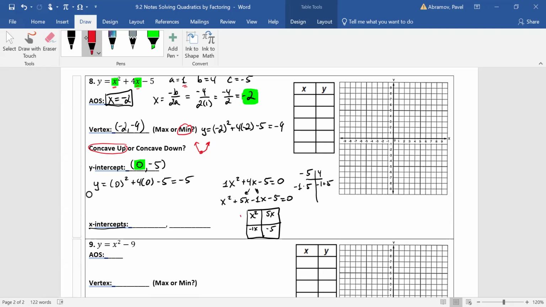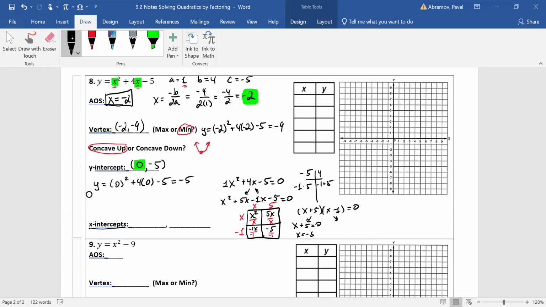The greatest common factor in the first row is x. So we divide everything by x and we end up with x and 5. In the second row, it has to be negative 1 since our first number is negative. Once we divide by negative 1, we do get x and 5 as well. Therefore, we end up with x plus 5 times x minus 1 equals 0, and then set each factor equal to 0.